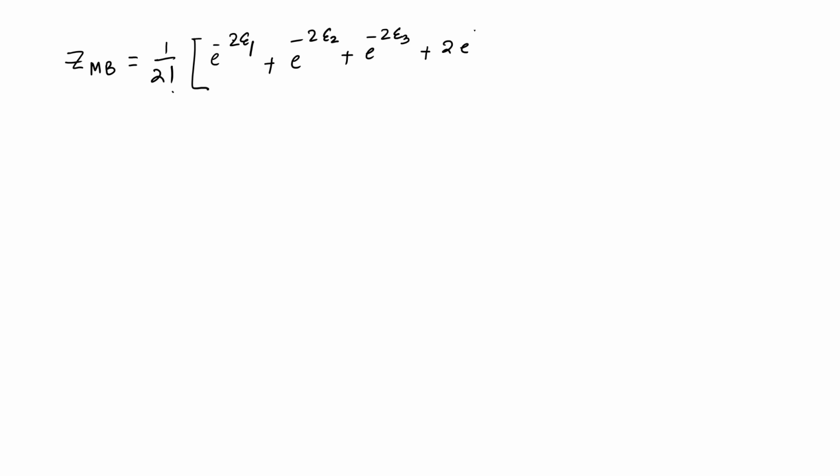plus twice of exponential minus, this beta has to be there. So, let me write that beta here. In fact, you should include that beta. So, it is minus beta into epsilon 1 plus epsilon 2, plus twice exponential minus beta epsilon 1 plus epsilon 3, and plus twice of exponential minus beta epsilon 2 plus epsilon 3 and so on.